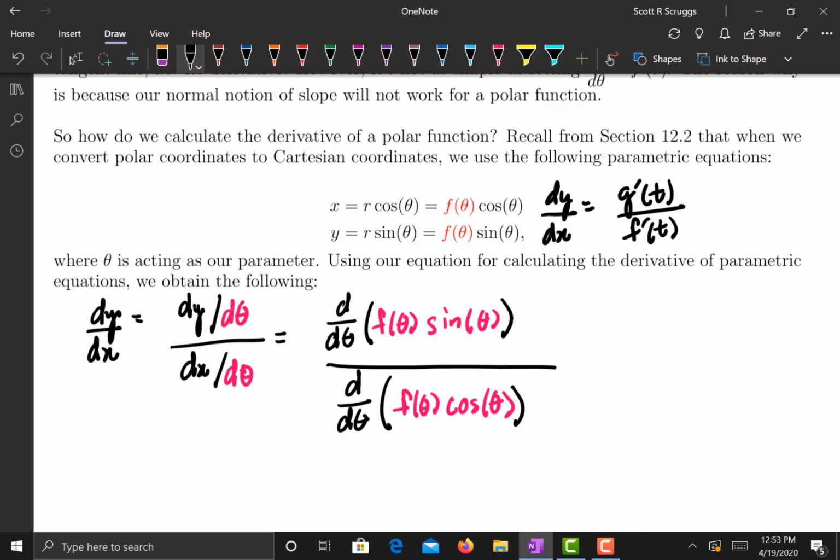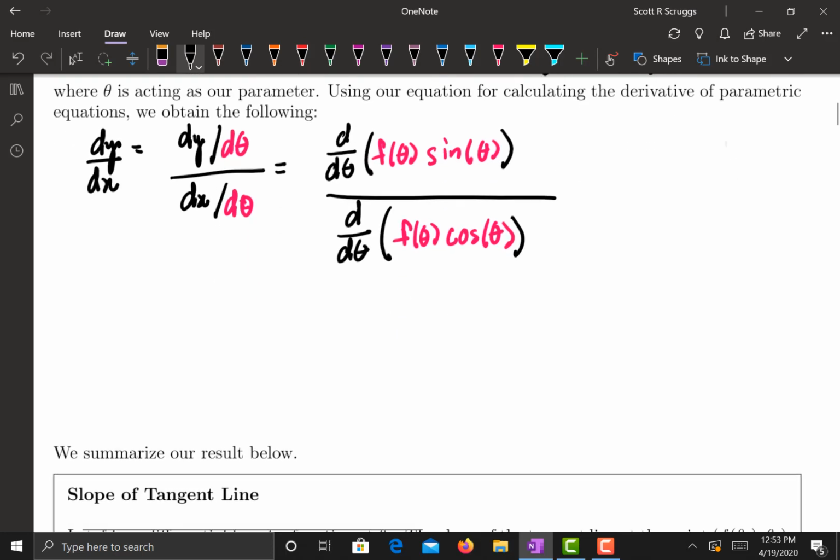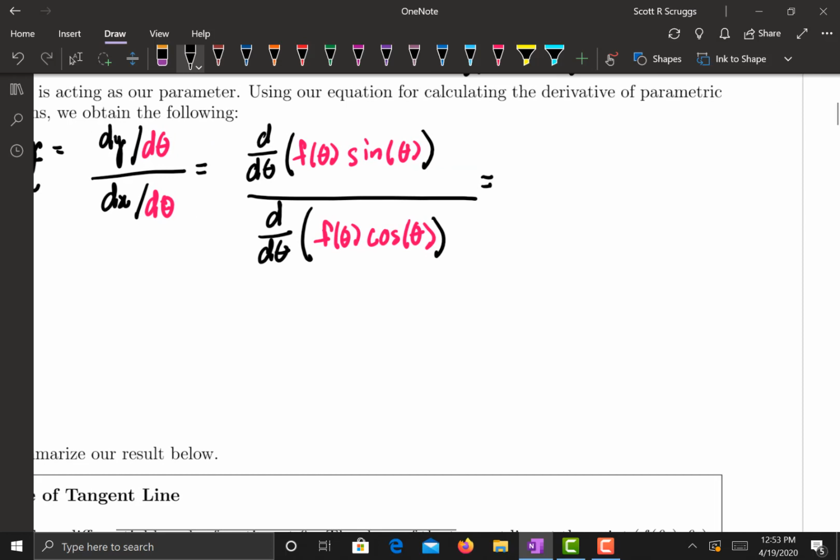And now to take the derivative of the numerator and denominator, well, I have a product of two functions with the same input variable theta, so I'm going to have to use the product rule. The product rule tells me to take the derivative of the first function times the second function, added to the first function times the derivative of the second function.